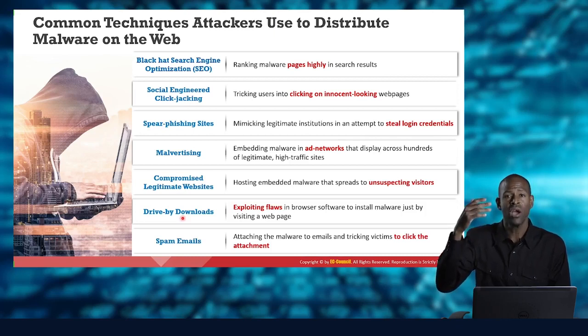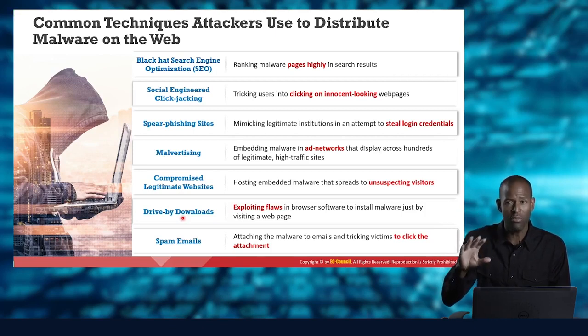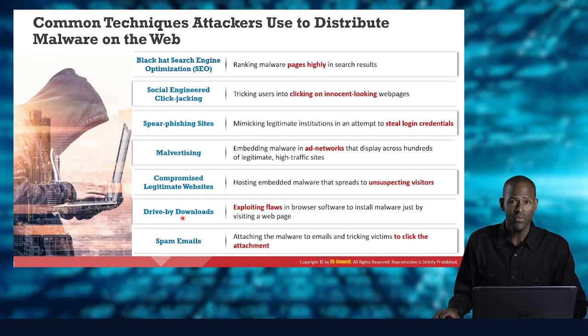But you're actually clicking OK, essentially, to run the malware. But in a drive-by download type of exploit, there's a flaw in the browser. Maybe the browser hasn't been updated in 6 months or something like that. And because of that browser flaw, just by visiting that web page, you get hit by malware.